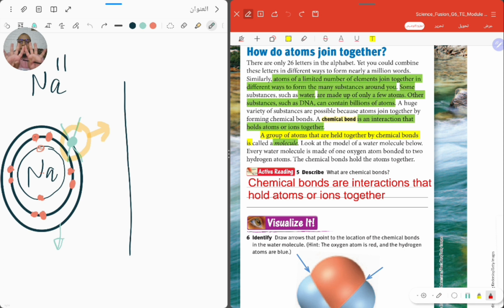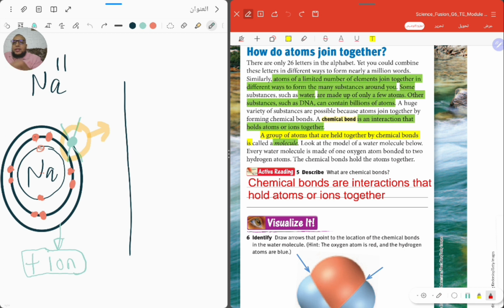But now when we lose an electron, that means the positive charge will be more. So it will change to a positive ion. So a positive ion is an atom that has lost one electron or more than one electron.